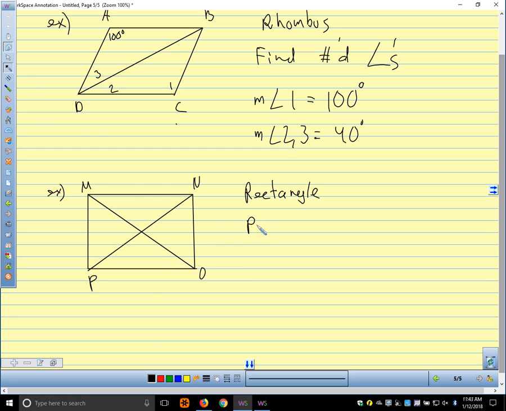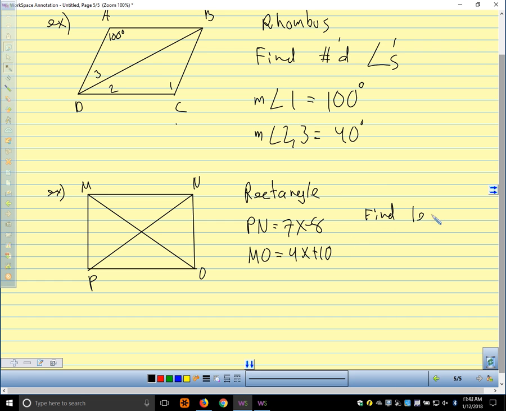The problem tells us that PN is 7x minus 8. And MO is 4x plus 10. And we want to find the length of PN.